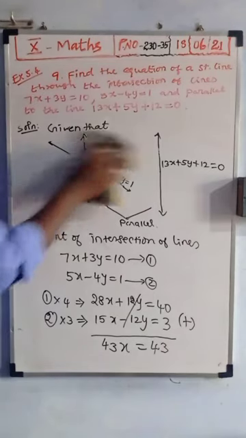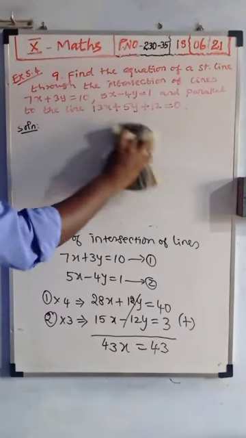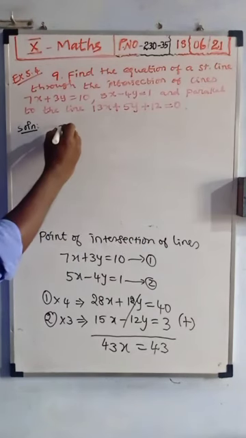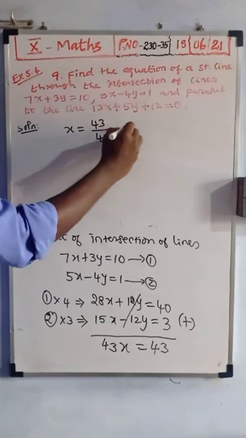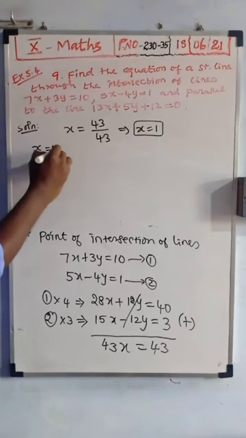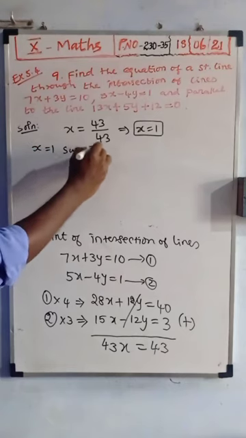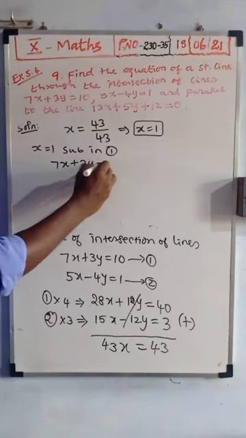Now cancel this, and we will get the value of x. x is equal to 43 by 43, this implies x is equal to 1. Substitute in the first equation, 7x plus 3y is equal to 10.